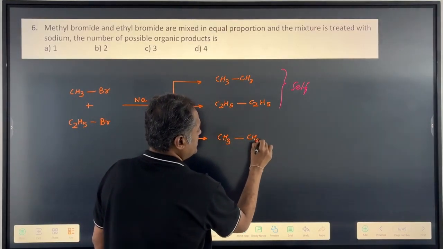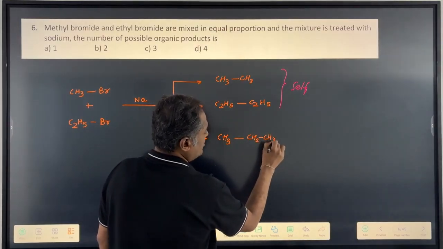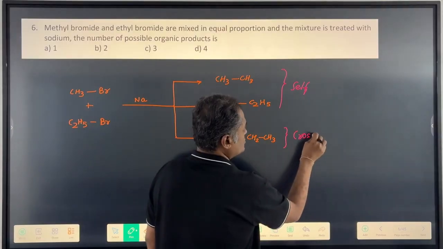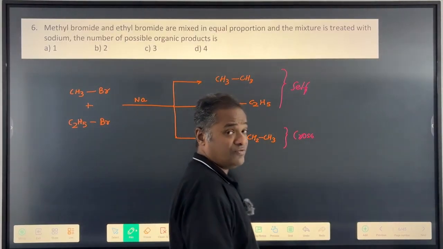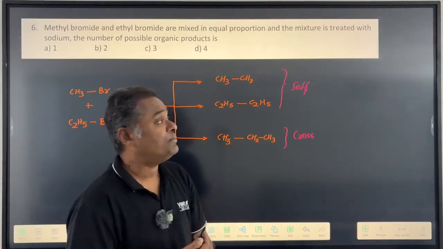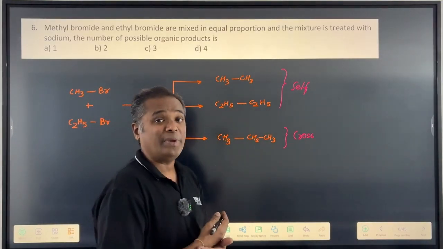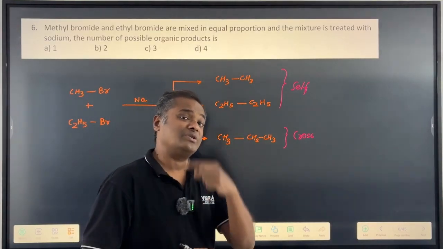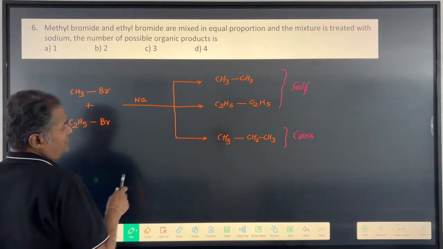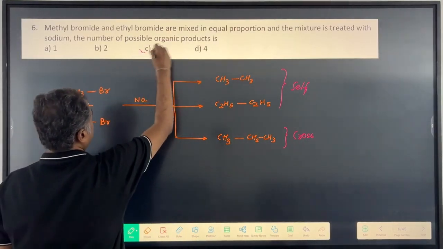Is it clear? Here the answer would be propane, which is a cross-coupling product. So, basically in the Wurtz reaction, when you have 2 different alkyl halides, the number of probable products would be 3, because you have to include self as well as cross-coupling products. So, the correct answer for this MCQ is 3.